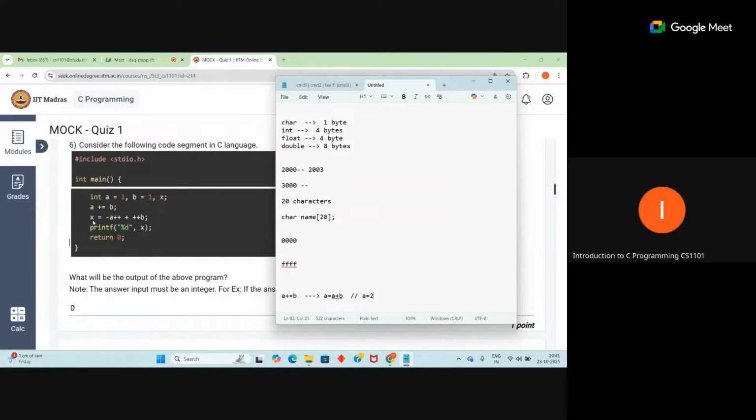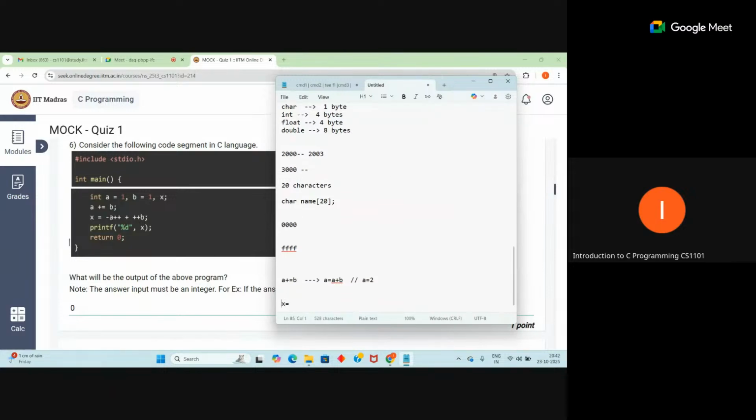Now next, we are calculating the X value. So X is equal to minus, this is a unary minus, indicates the sign. So negative, A plus plus plus plus plus B. See here, the plus plus operator is an increment operator.